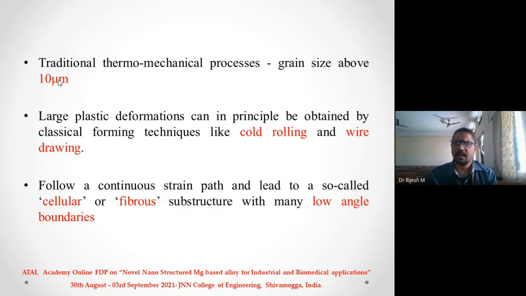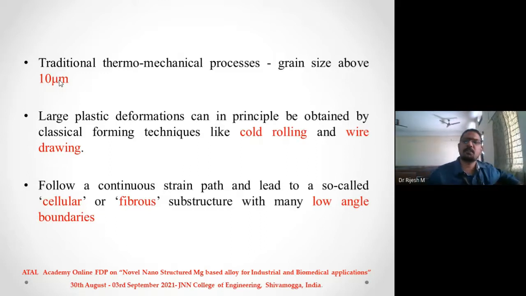Got it. And you cannot wait for 1 hour in an industrial process. It happens in seconds by increasing the temperature. You increase the temperature, you can reduce the time. So recrystallization happens in no time. At the same time, growth happens. So controlling it to a grain size less than 10 microns is a tough job in the traditional thermomechanical process.